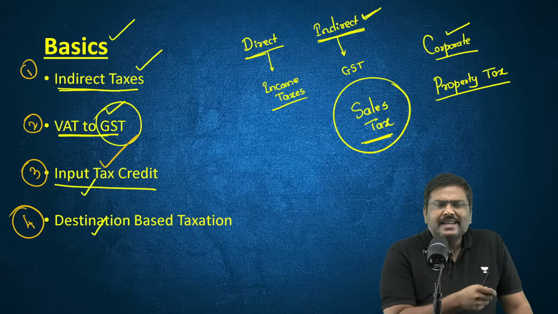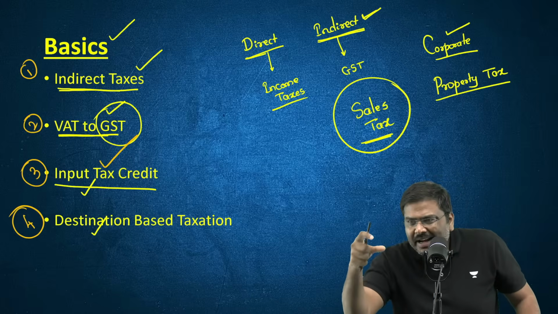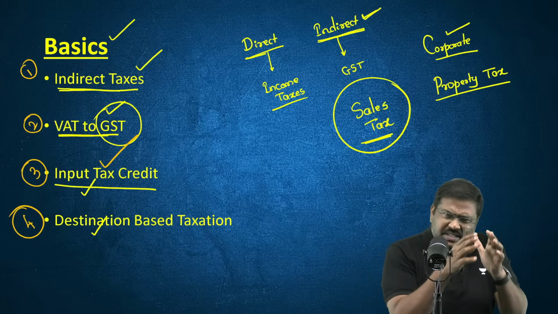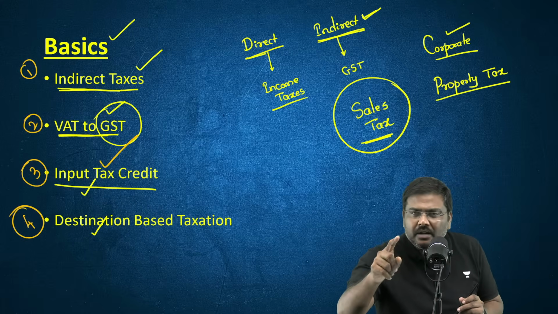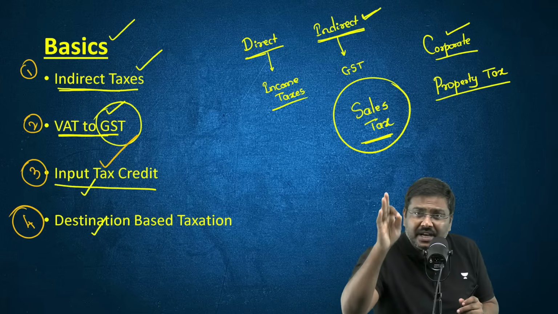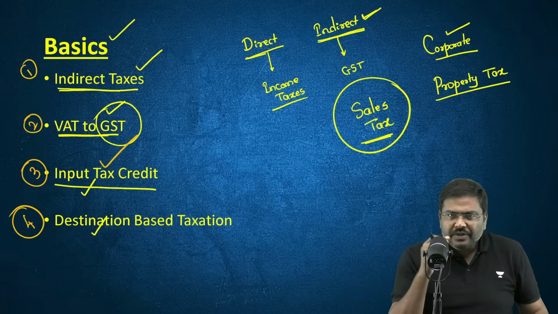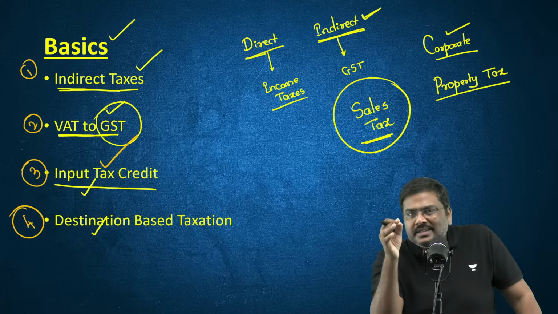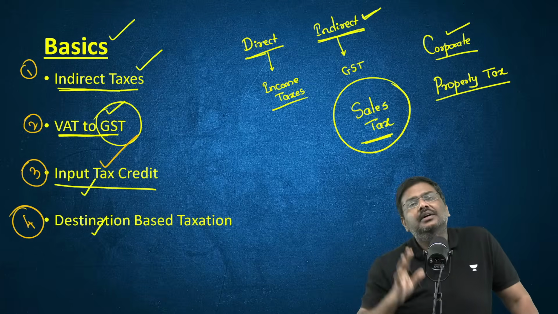It essentially means that in whichever state the good is consumed, it is that state which will get the GST component. I'll repeat the statement here. In whichever state the good is consumed, it is that particular state which will get the GST component.